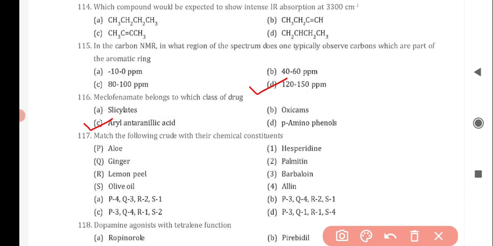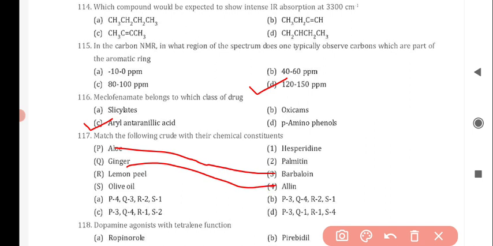anthranilic acid. Next question is match the following crude drugs with their chemical constituents. So the first option, that is aloe, it correctly matches with option number 3, that is barbaloin. Then next is ginger, it correctly matches with option number 4, that is gingerol.